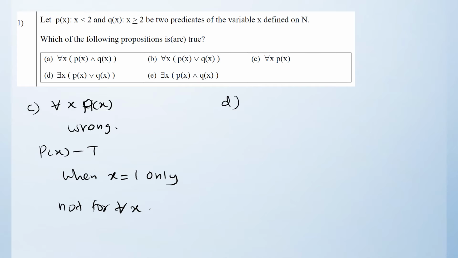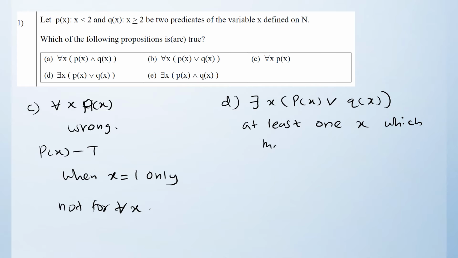D. There exists x, P(x) or Q(x) is true. That means we have at least one x which makes this disjunction true.